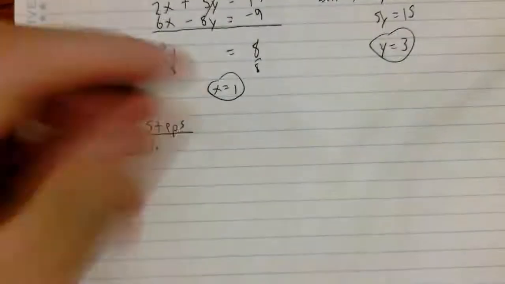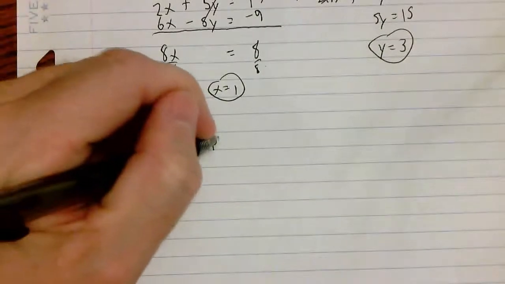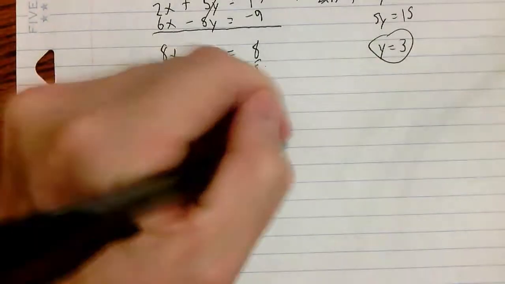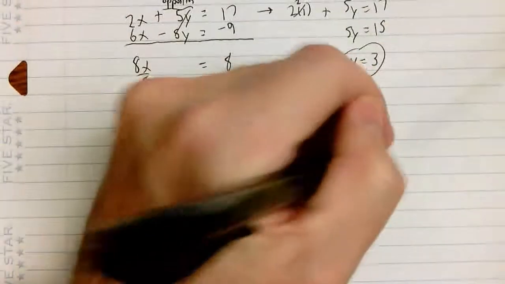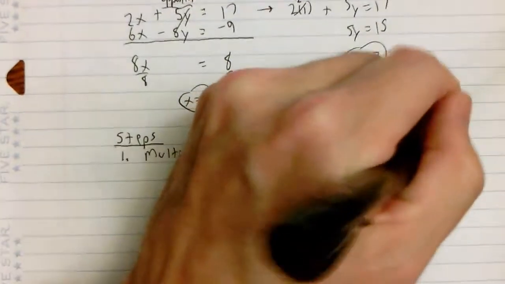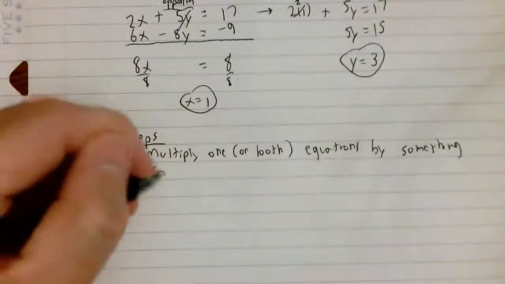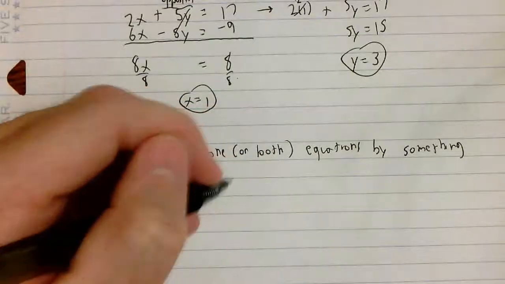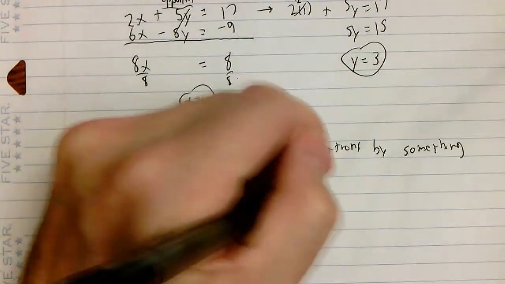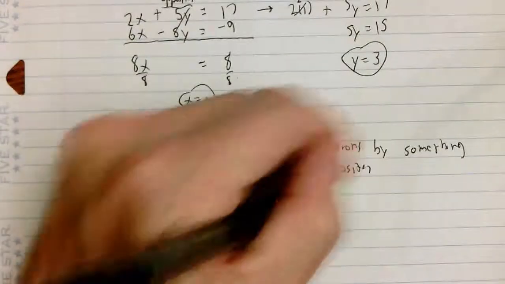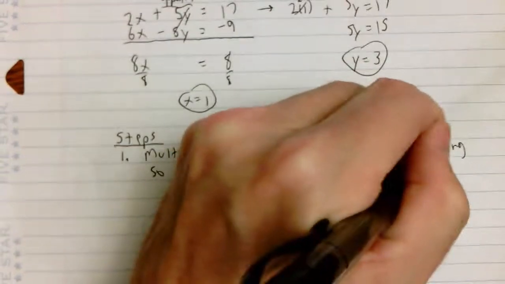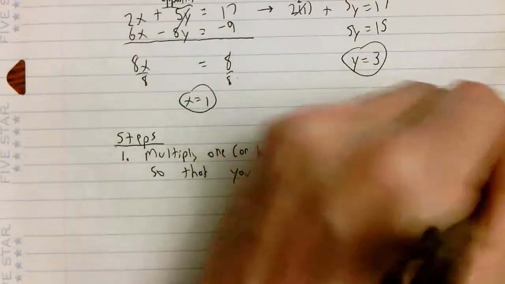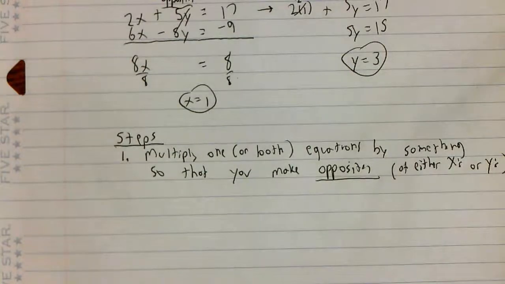Step 1: multiply one (or both) equations by something so that you make opposites (of either x's or y's).